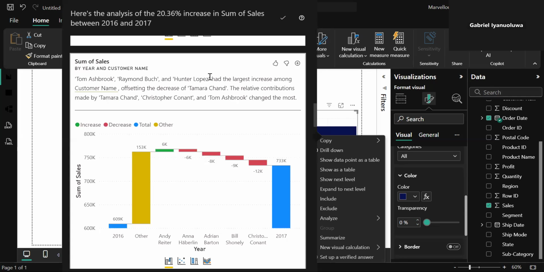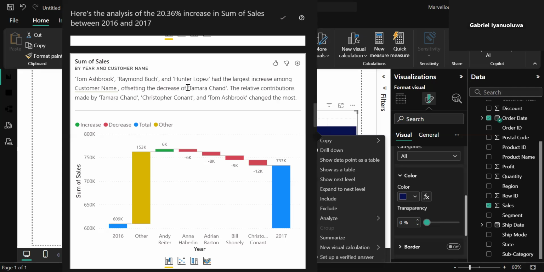These three customer names contributed so powerfully, around quarter three to quarter four. And it will tell us someone that did not contribute at all to that sales or to that increase. The reason why we are still having that increase is that it should have gotten more than that. But the one responsible for the decrease for that particular metric was Tamara Shad.